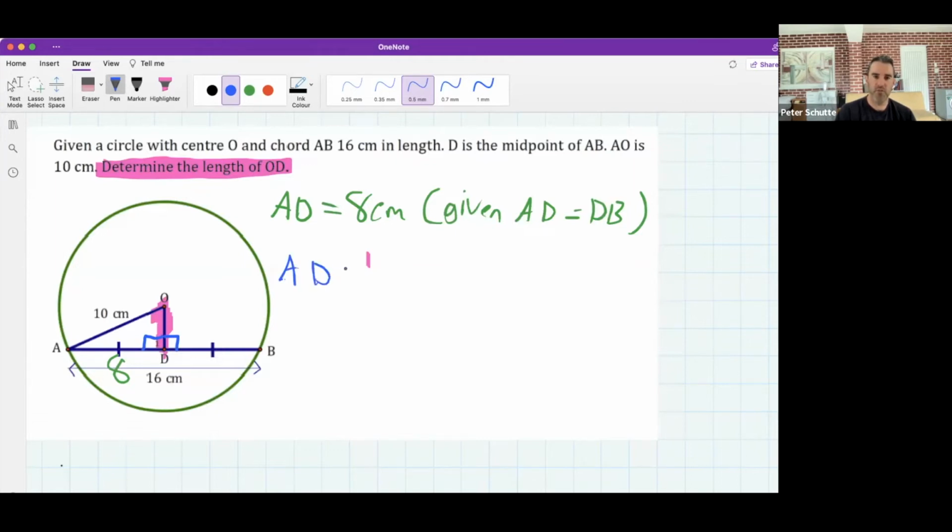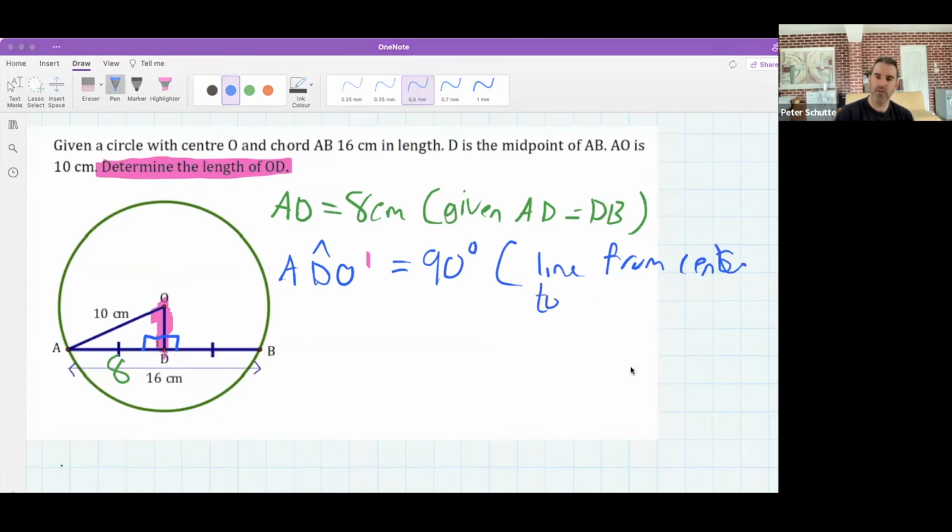Okay, so let's do this. The important bit of information that you have seen is that you need a 90-degree angle before you can use Pythagoras. So you're right, yes. ADO equals 90, and the reason is going to be line from center to midpoint of chord.